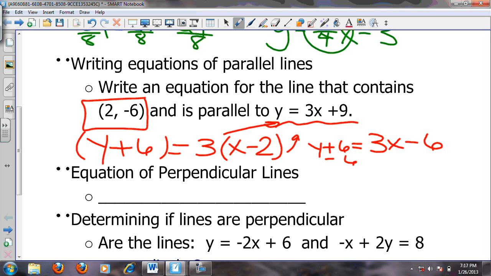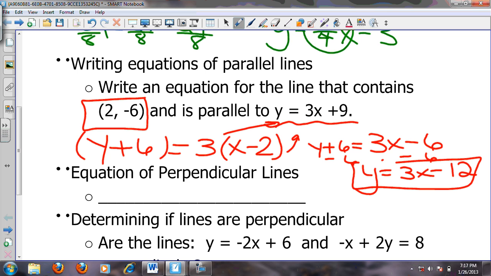Subtract 6 from both sides. Y equals 3x minus 12. This line will contain the point 2, negative 6, and it will be parallel to y equals 3x plus 9.